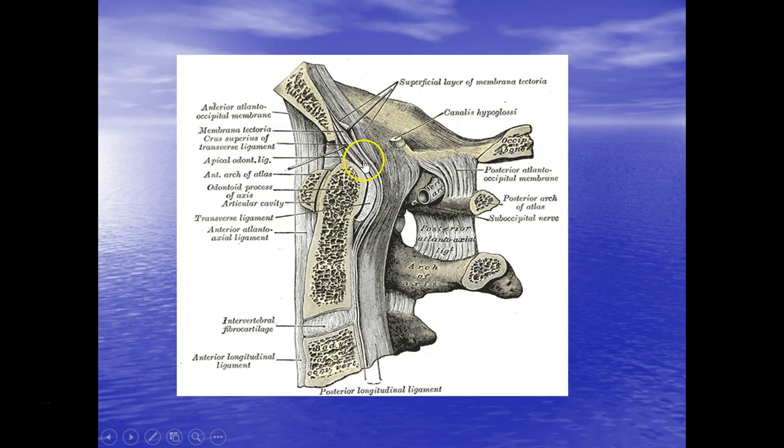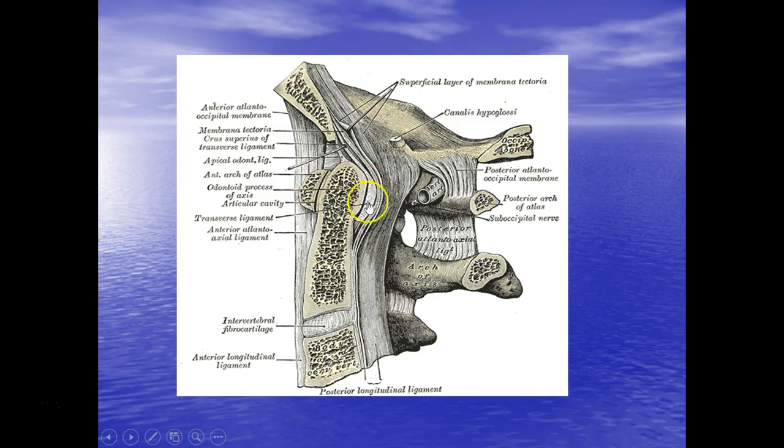It is critical that we hold the dens, or the odontoid process, tight against the anterior arch of atlas. You can't allow any significant degree of laxity or flexibility, because if we allow the dens to tip back, it's going to severely damage the cervical spinal cord that's passing behind on its way through the foramen magnum in here. So again, we've got a series of strong ligaments behind the dens which are holding it in place.